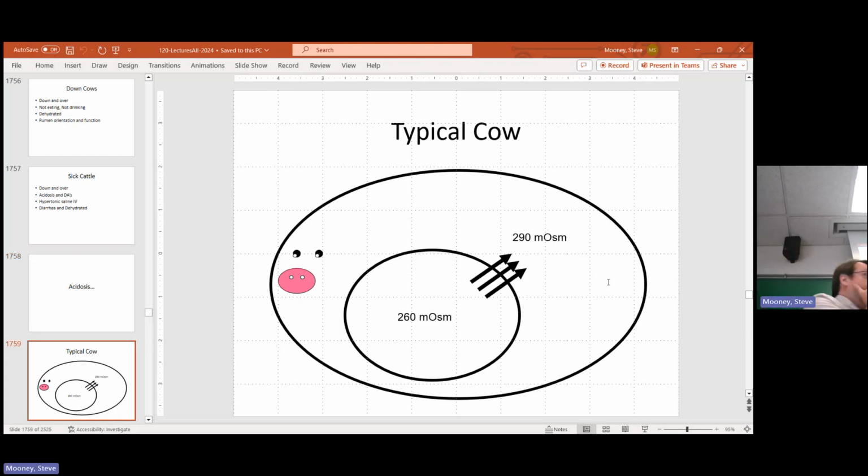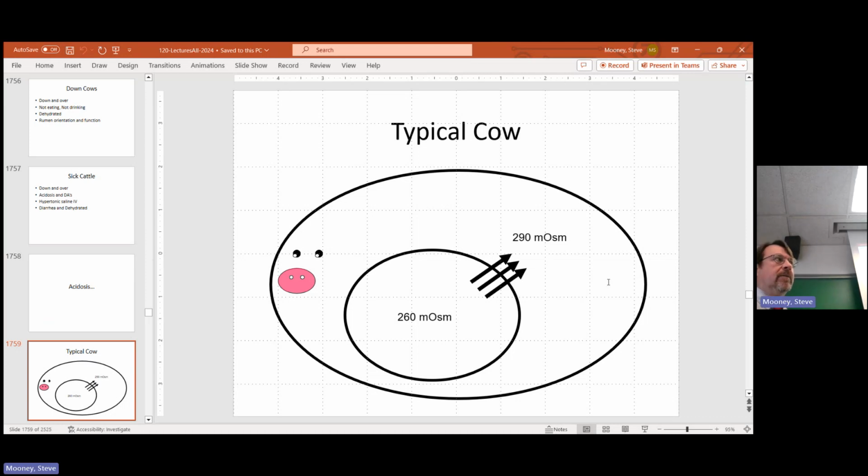So if we're looking at a typical cow, typical fermentation, this was part of your lecture last week, blood we'll say is around 290 milliosmoles. Usually the rumen is down around 260. So what do we have up here? In the blood, in the body, that 290 is what?